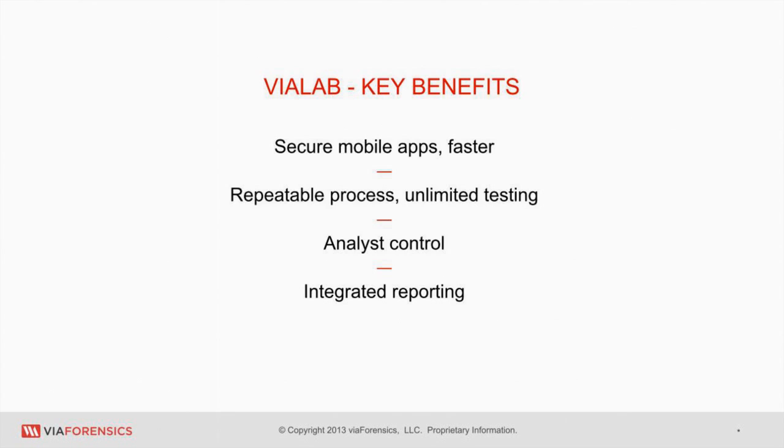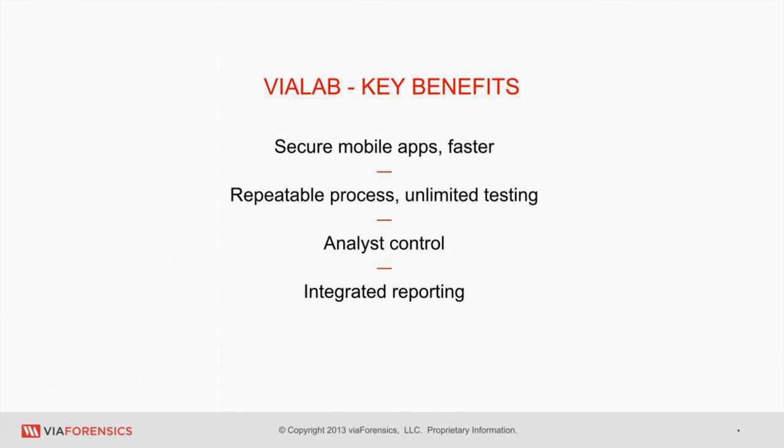To reiterate some of the key benefits that viaLab offers, it allows us to perform a thorough security assessment in less than an hour. The process is repeatable and the license allows for unlimited testing. So what this means is that for every app version update or operating system version release, the app can be reassessed to ensure that new vulnerabilities were not introduced.